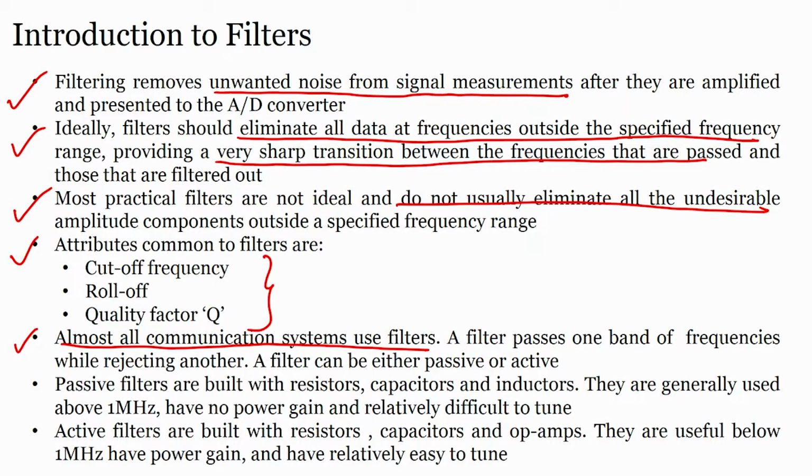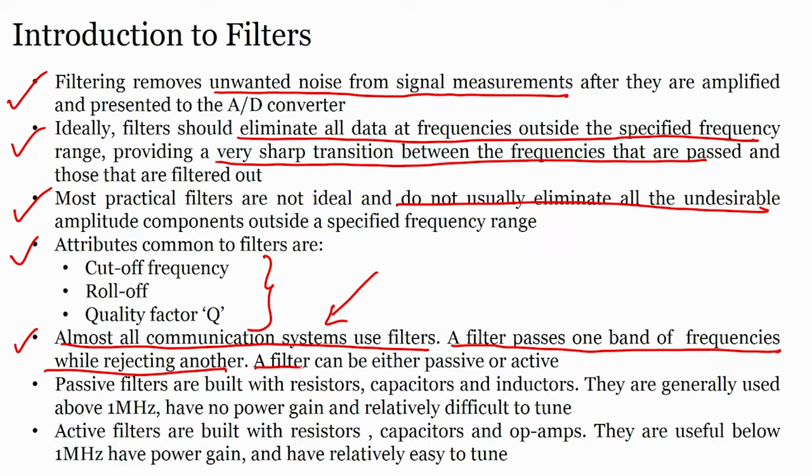alright. So, anyway, coming back to filters, the main application of filters is in communication systems. So, almost all communication systems use filters. A filter passes one band of frequencies while rejecting another.